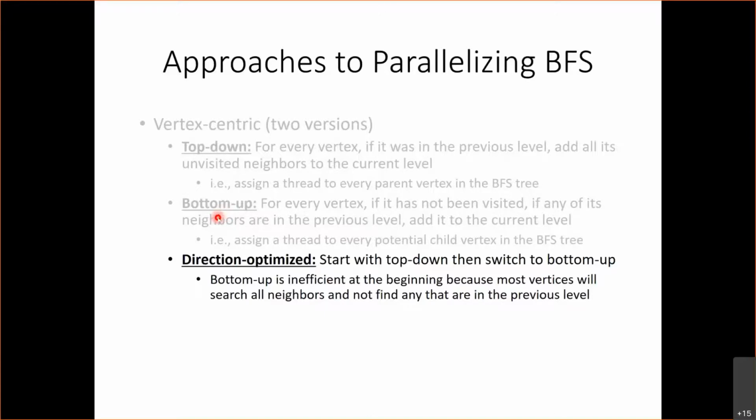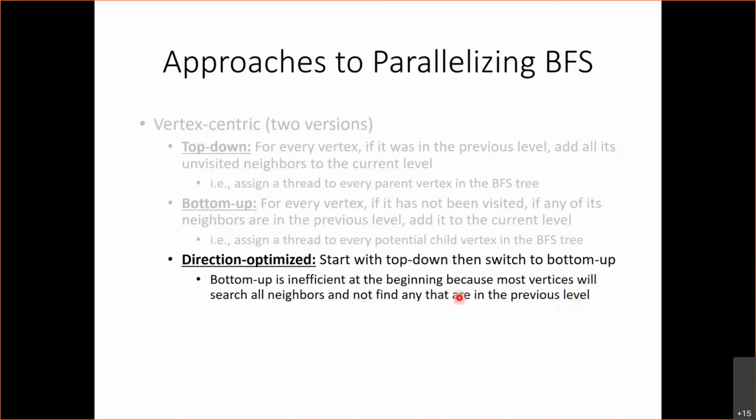And because few vertices have been visited, there's a high probability that these vertices are not going to find neighbors that have been previously visited. So in the initial iterations, the bottom-up approach performs poorly. It is inefficient at the beginning because most vertices will search all their neighbors and not find any neighbors that are in the previous level.